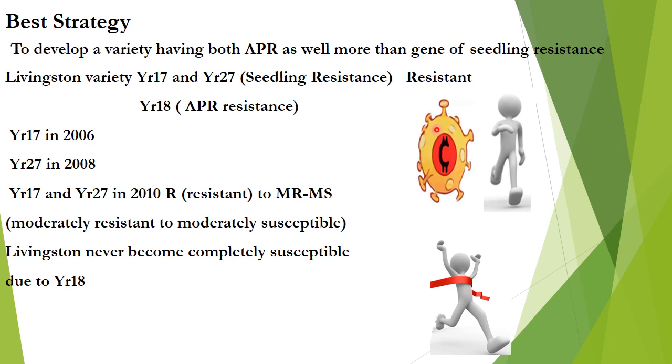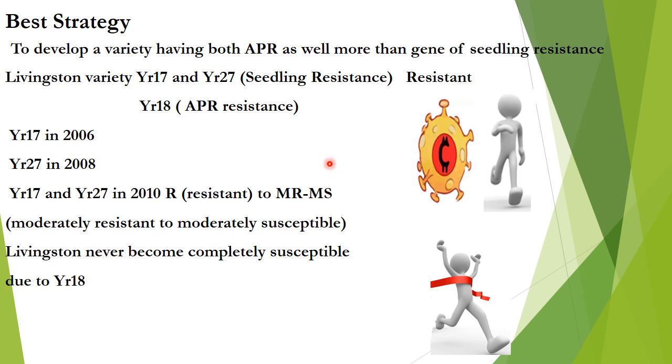And how can we remain ahead of the pathogen? By adopting strategies which are effective and provide maximum protection. This is only possible if we incorporate two different kinds of resistance approaches in our crops.